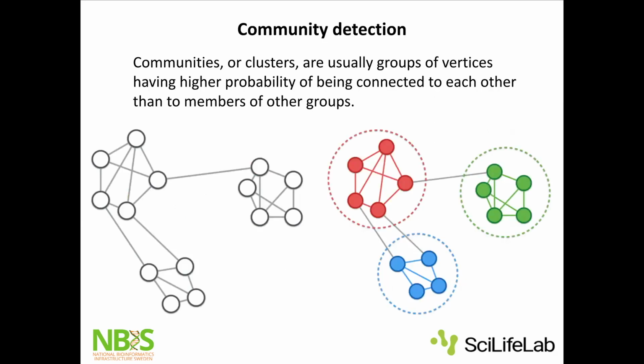And as I said, clusters are called communities in graph theory. It's basically just having a higher probability of within-group connections than connections to other parts of the whole graph we're looking at.